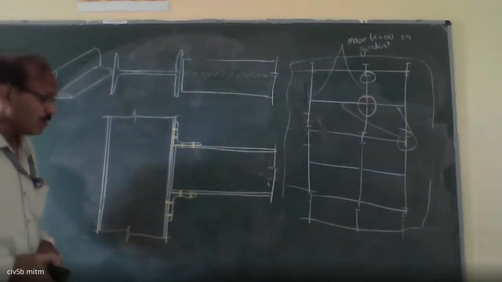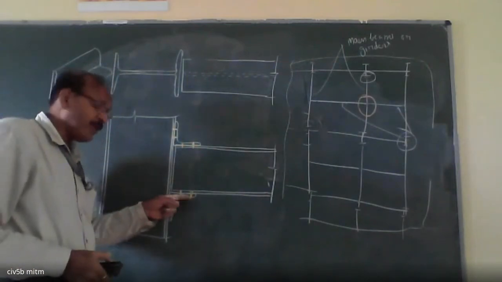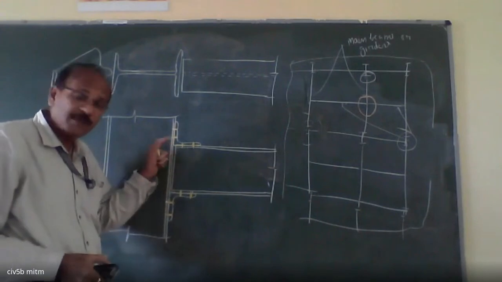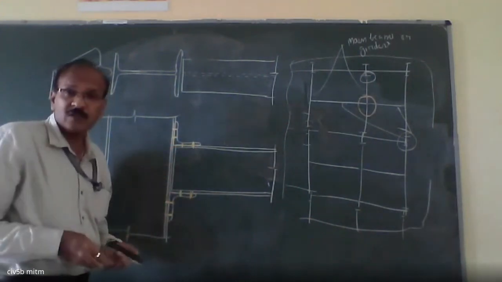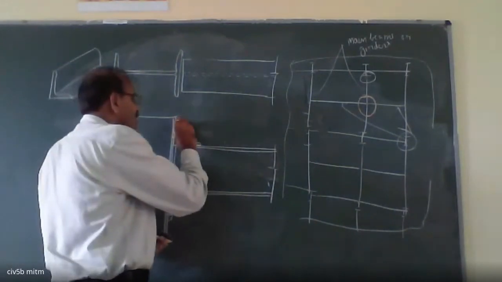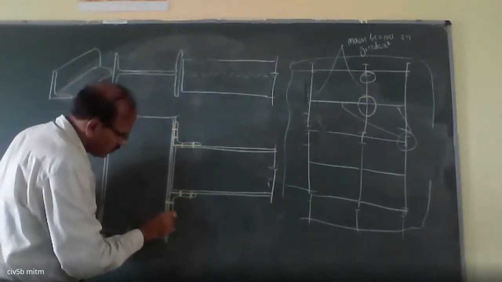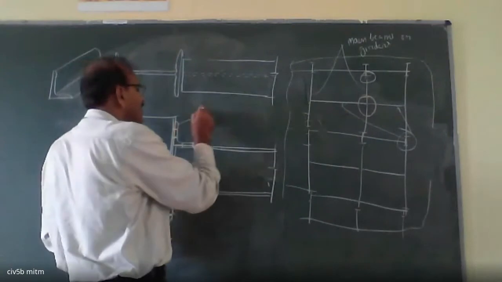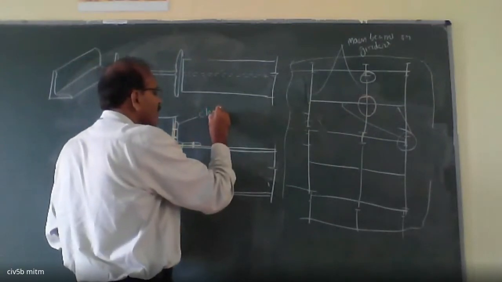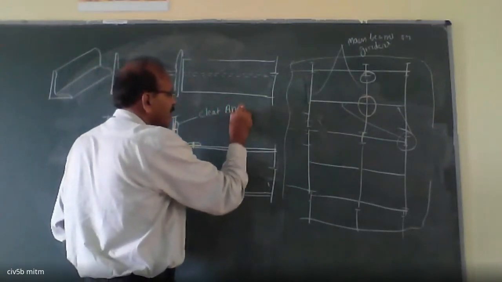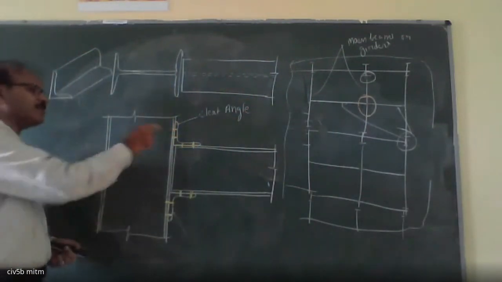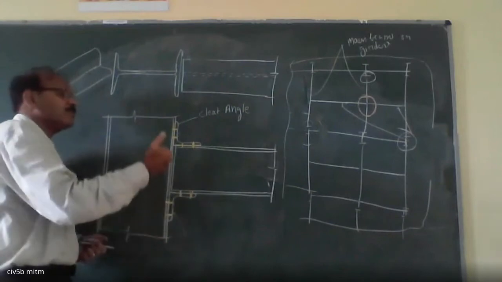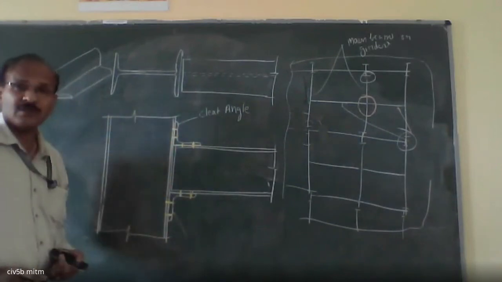Again, how many boards we put, that depends on the design. Normally, when we put these things, which are called cleat angles, this is also a supporting angle, this is a cleat angle, that helps the secondary beam to keep in position.